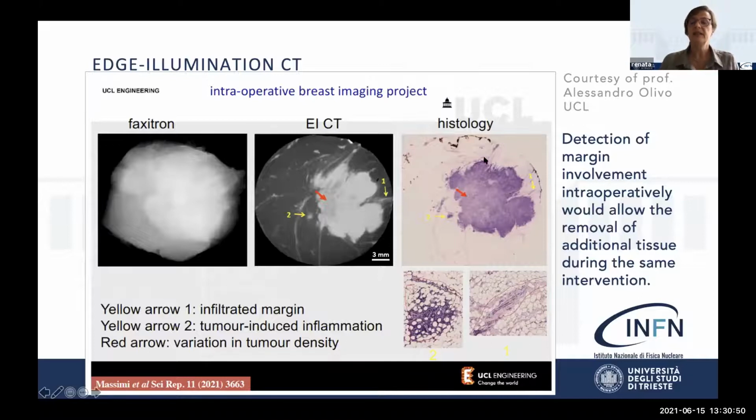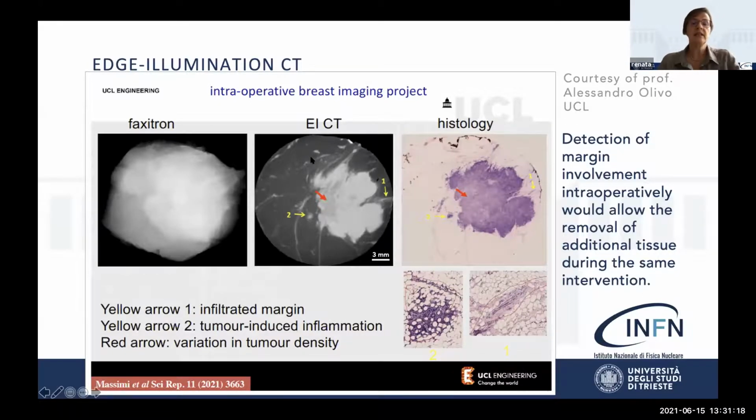If histology says the removed tissue is not enough, it is necessary to recall the patient, and the patient has to go through a second intervention. So this is not in vivo imaging, but it is a very important clinical problem. Well, what is the result?